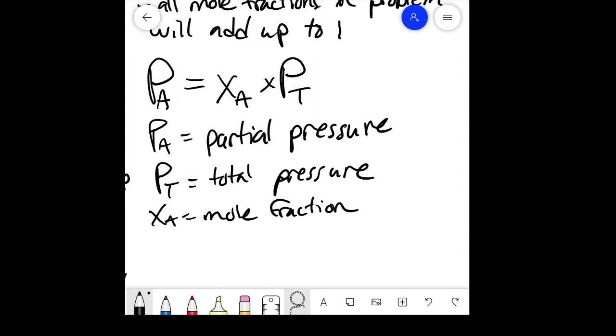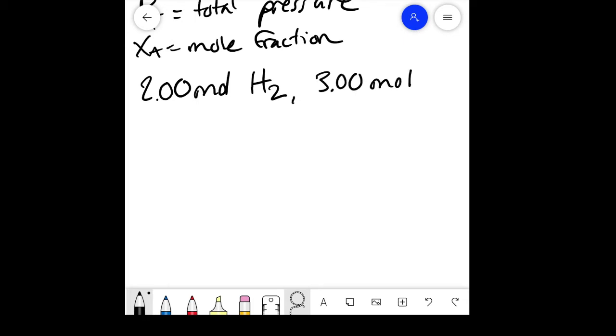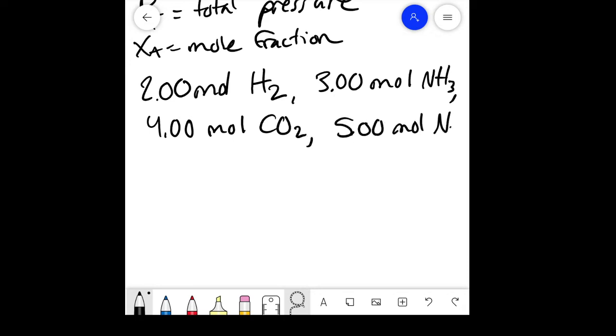So probably the best way to start out is with this mole fraction. Let's start simple and build our way up. So say we have a mixture, and it has 2 moles of hydrogen, 3 moles of ammonia, 4 moles of CO2, and 5 moles of nitrogen.